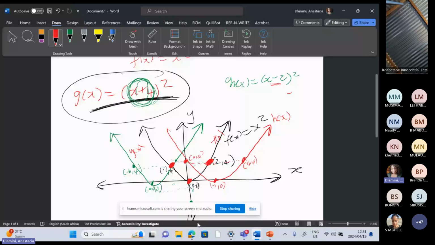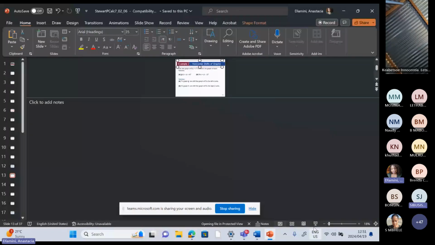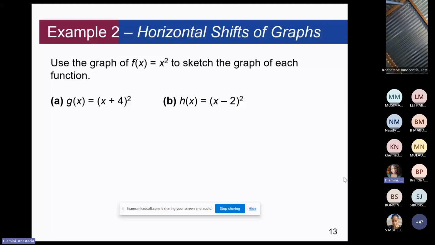Going back. Now, use the graph f of x. F of x is equal to x squared to sketch the graph of each function. Therefore, g of x is equal to x plus 4 squared. H of x is equal to x minus 2 squared, right?